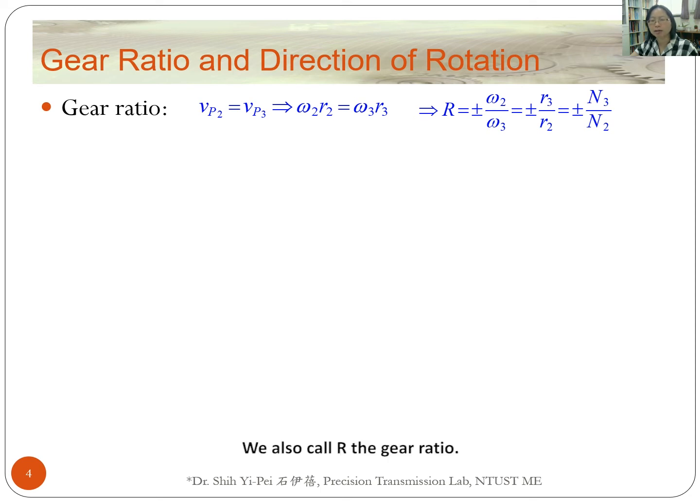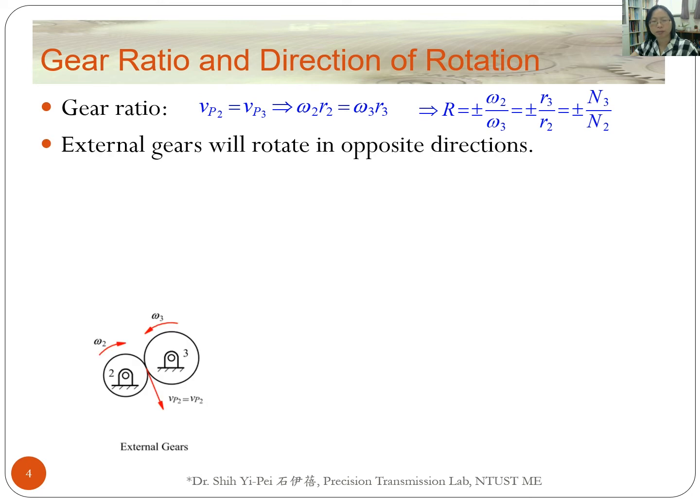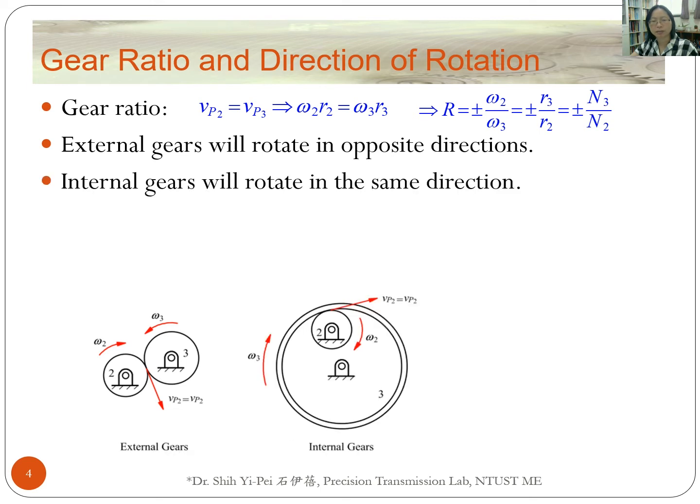We also call R the gear ratio. Two external gears will rotate in opposite directions, so R is negative. An external gear meshed with an internal gear will rotate in the same direction, so R is positive.